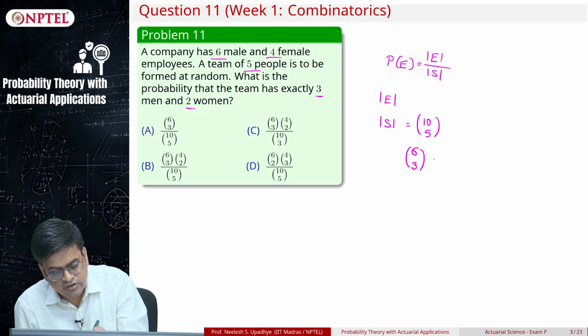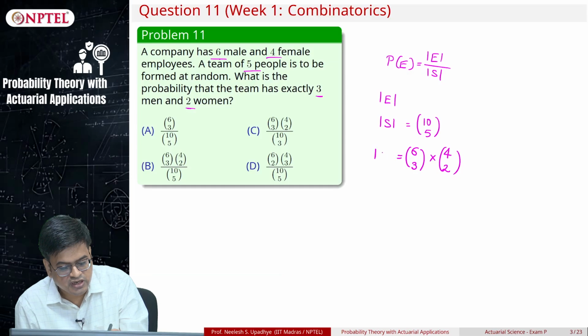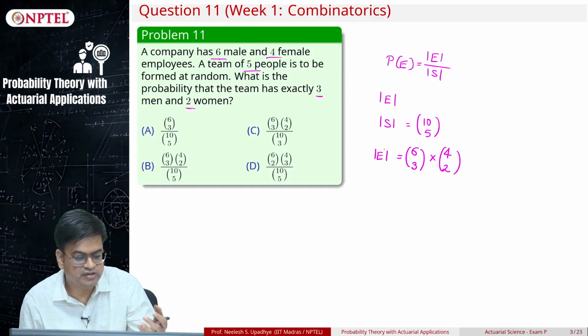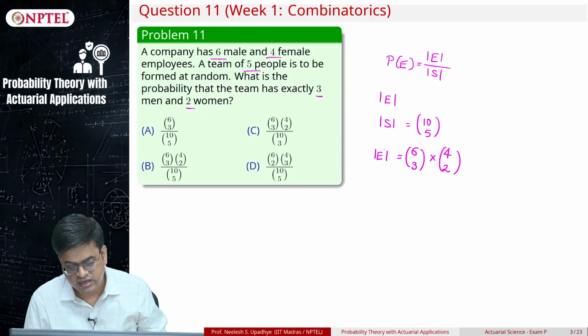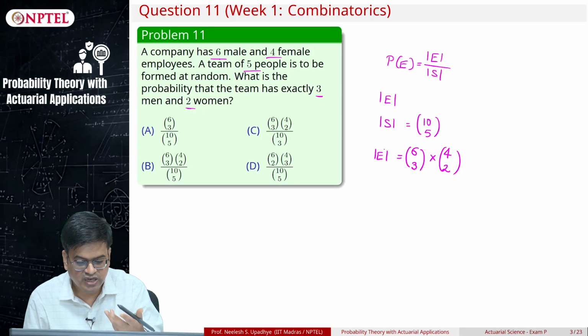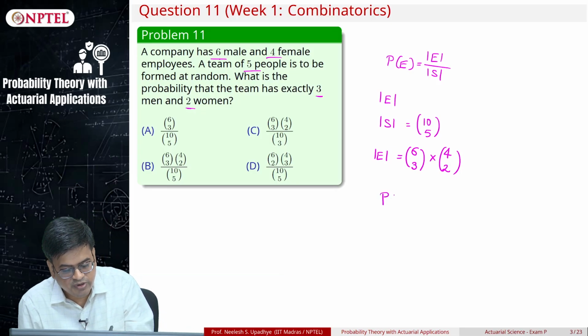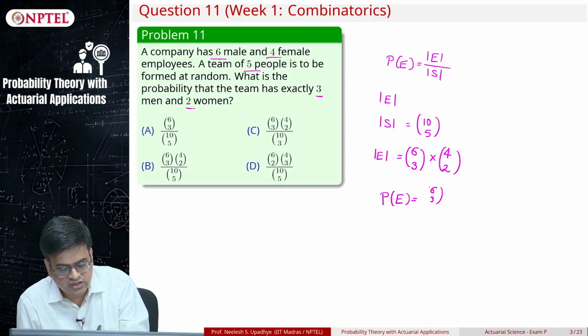So it will be multiplied with 4 choose 2. This will be the cardinality of set E, the event that we are interested in, and therefore we have actually solved the problem. The probability of E is straight away 6 choose 3 into 4 choose 2 upon 10 choose 5.